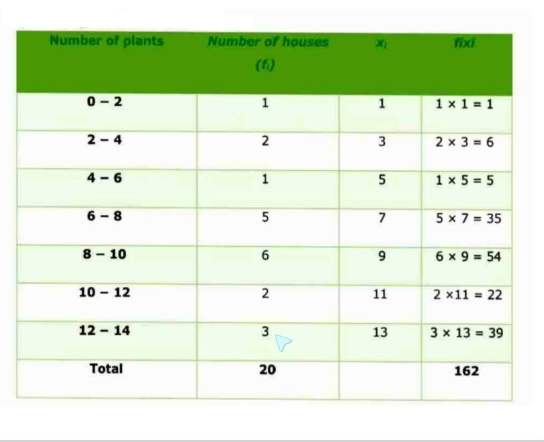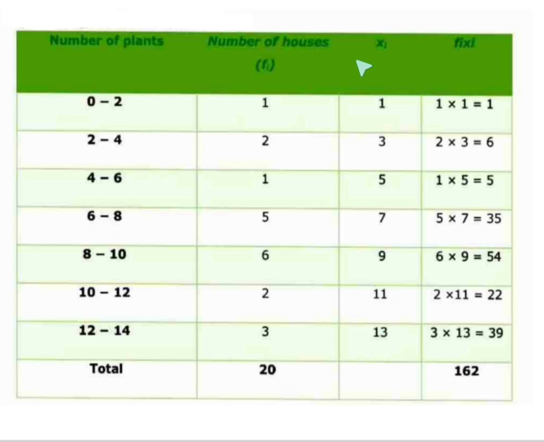The total number of houses is 20, and the midpoint is xi. The midpoints of the classes are 1, 3, 5, 7, 9, 11, 13.